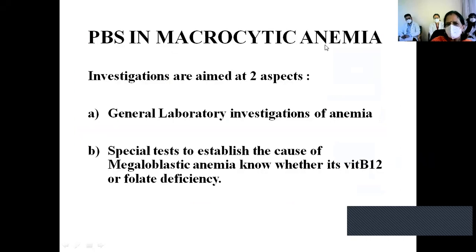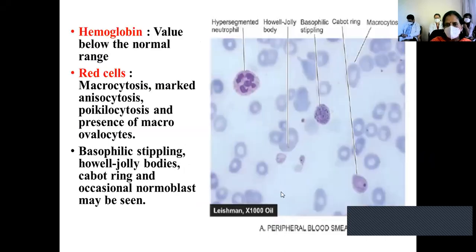Okay, blood smear in macrocytic anemia. So we are just talking about how the blood picture appears. Then we do special tests to establish the cause of megaloblastic anemia, whether it is B12 or folic acid deficiency.